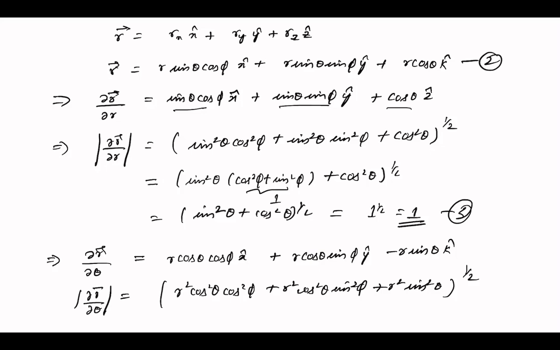Take r square cos square theta common, then you're left with cos square phi plus sin square phi, which is 1, so you're left with r square sin square theta plus r square cos square theta to the power 1 by 2.